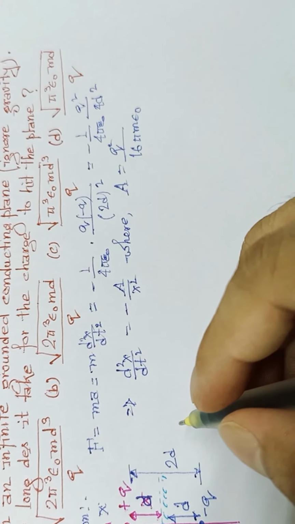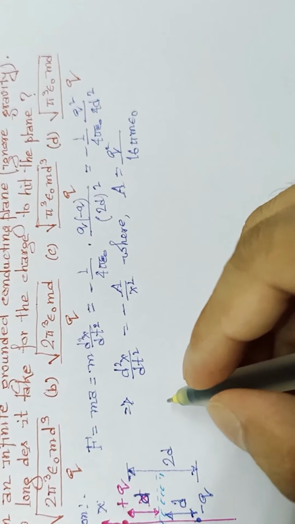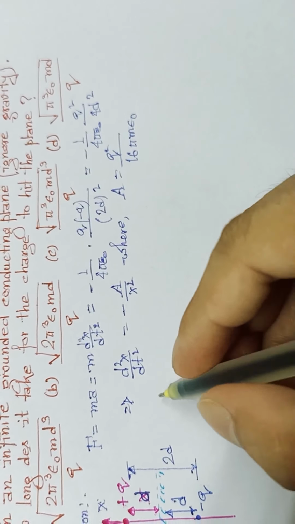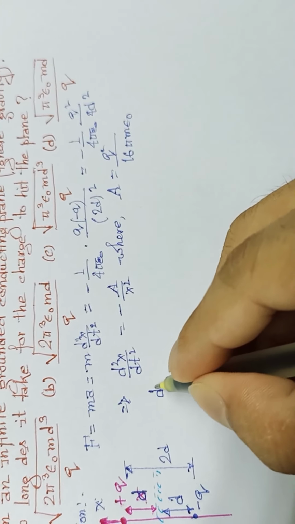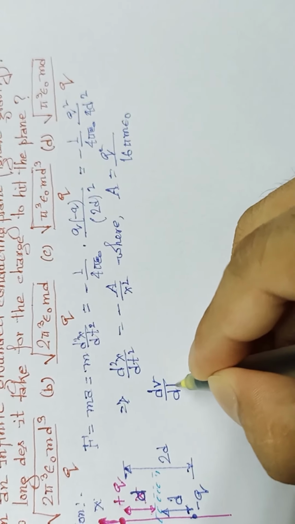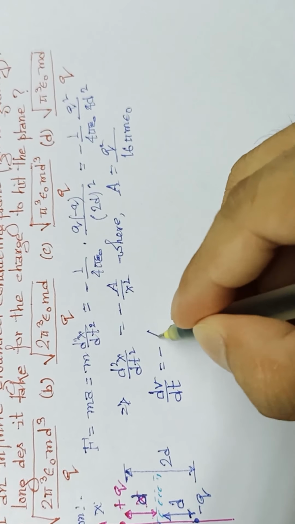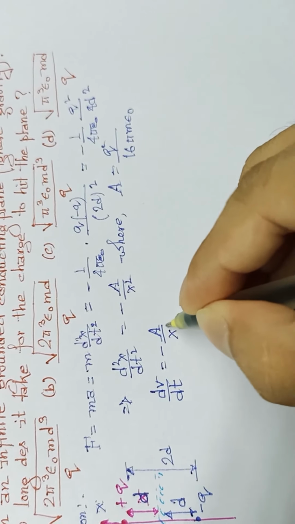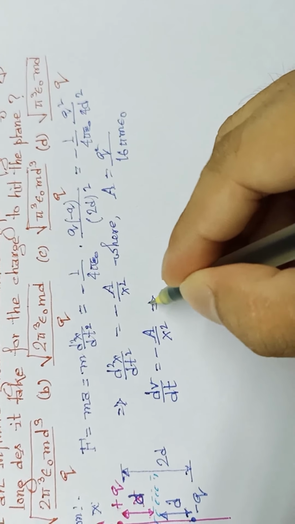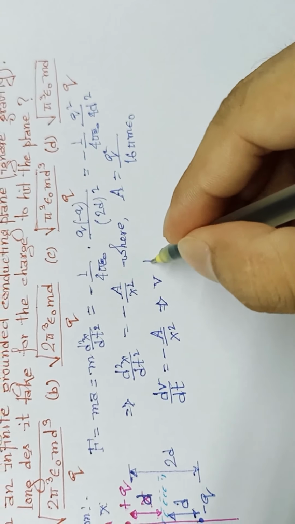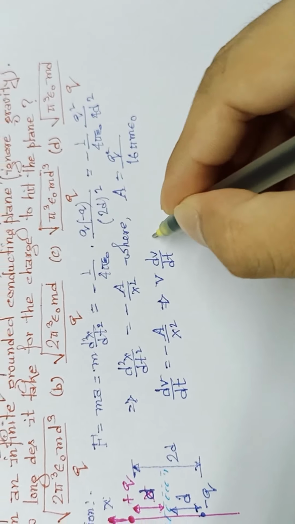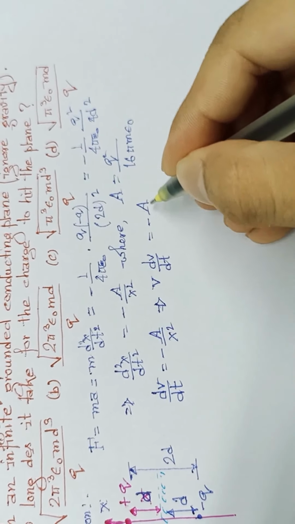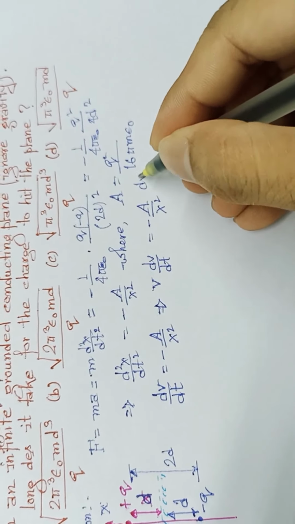From this equation we can write d2x with respect to dt square in the form of dv with respect to dt is equal to minus a divided by x square. Again we can write this as v into dv with respect to dt is equal to minus a divided by x square into dx with respect to dt.